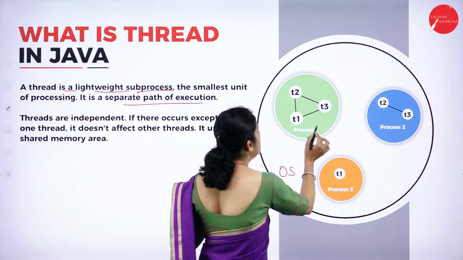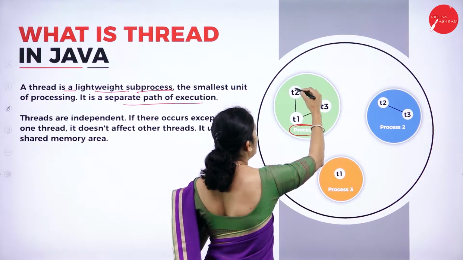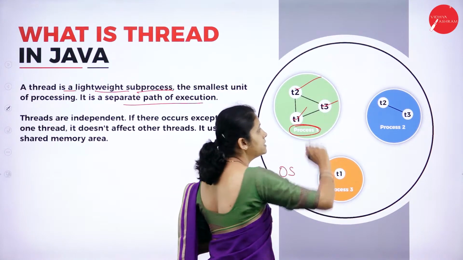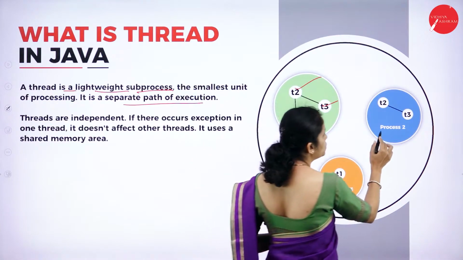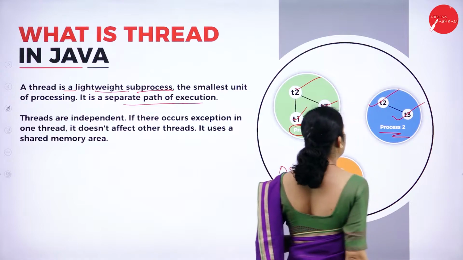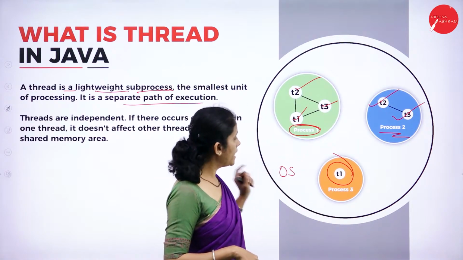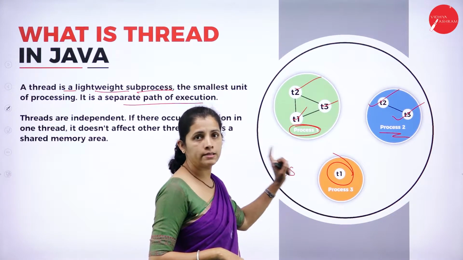For example, if I consider process 1, here I can see 3 threads. If I consider process 2, here I can see 2 threads. And if I consider process 3, I can see only 1 thread.